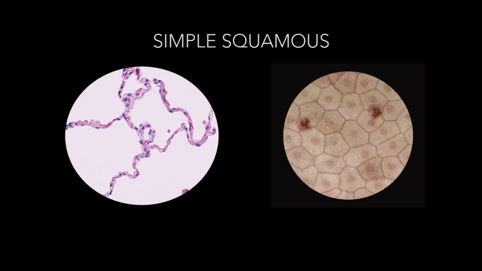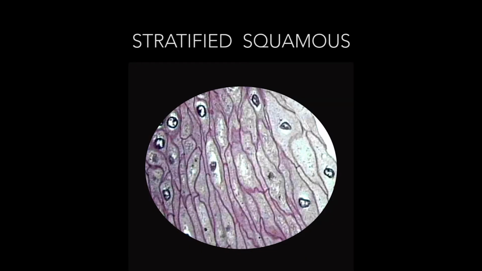Now, these are an example of squamous cells. Squamous means squished or flattened, and you would likely find these in your lungs, the very thin membranes of the lungs. The stratified squamous is in layers, and you usually find these in the mouth and the esophagus and in vaginas.